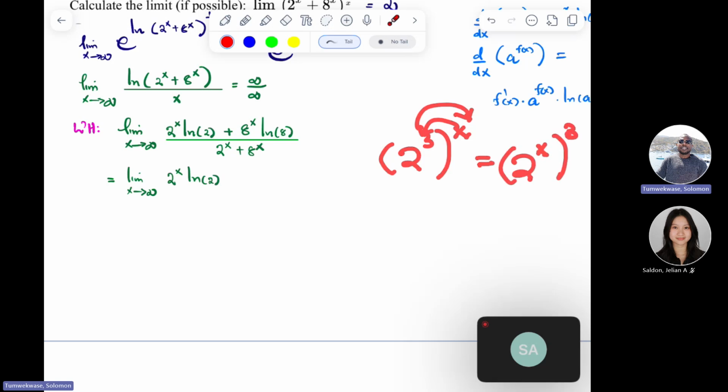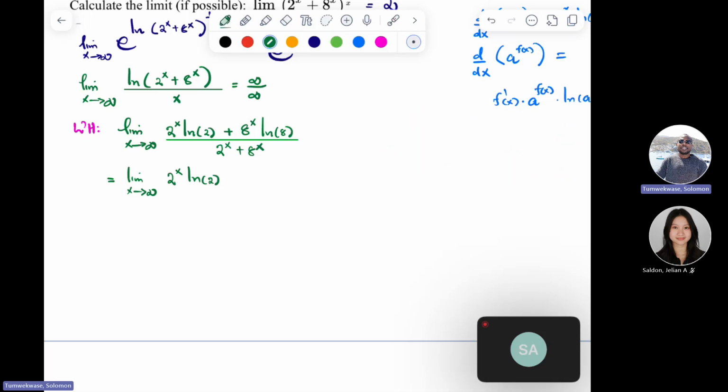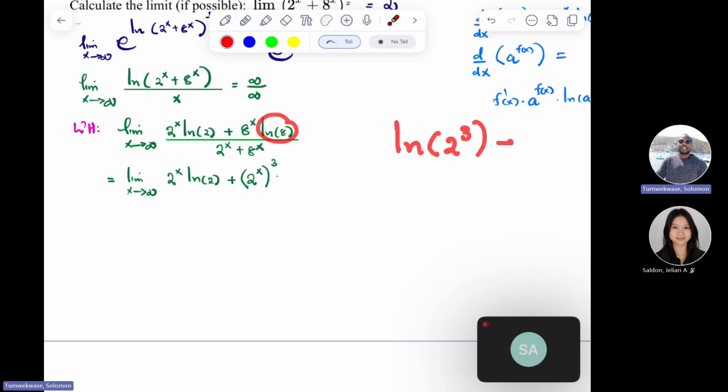It's really the same thing. So this guy, I can write it as 2 to the x to the power 3. And once again, natural log of 8 is the same as natural log of 2 to the 3. And by rules of logarithms, this can drop, and I have 3 natural log of 2.